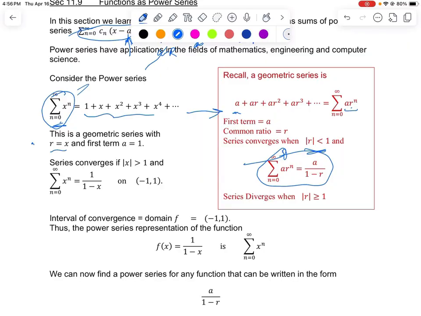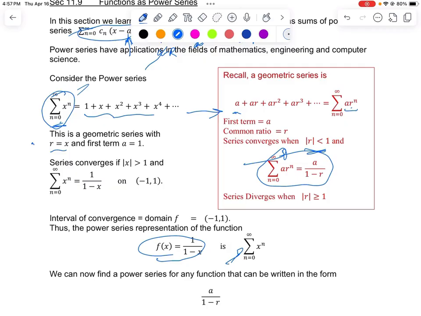So in other words, we have a function f of x which is equal to 1 over 1 minus x, and its power series representation is this one.